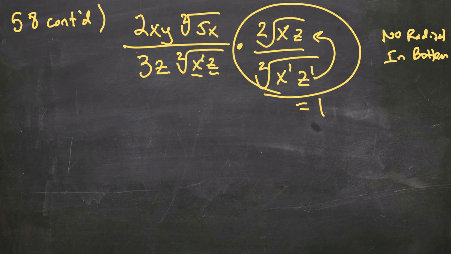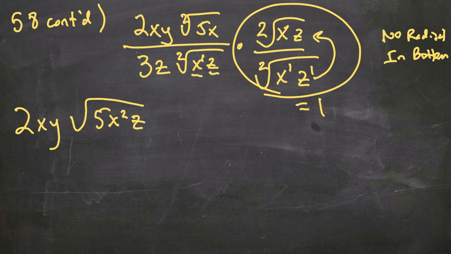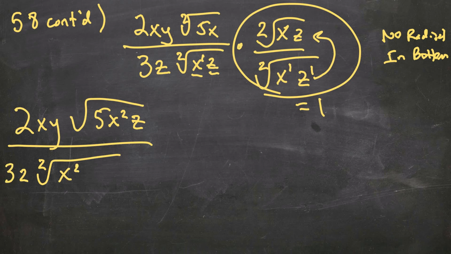So now I multiply across the top, multiply across the bottom. The radical becomes 5x squared z all over the square root of 3z x squared z squared.